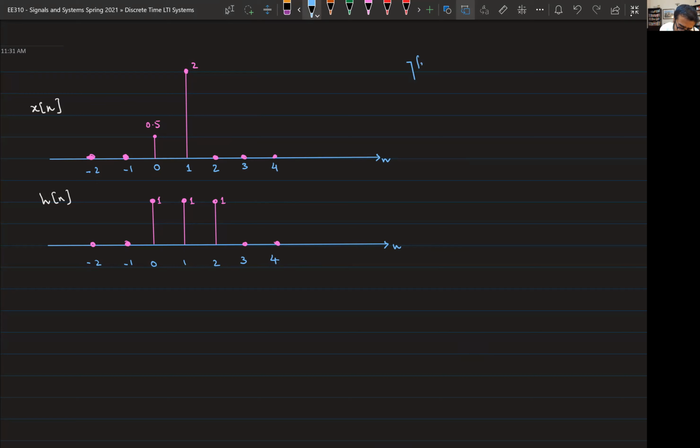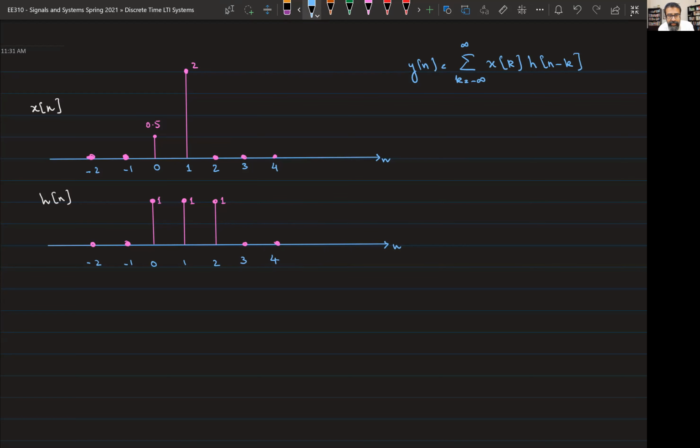expression was. The expression was y of n equals summation k equals minus infinity to plus infinity, and I'll take the liberty of using this expression, x of k times h of n minus k. So my tablet is h of n minus k, right?